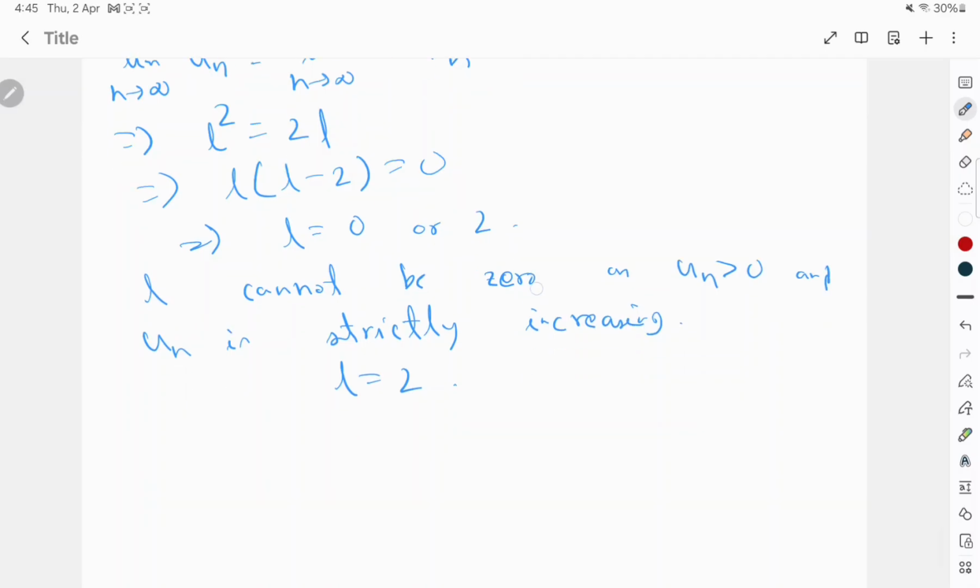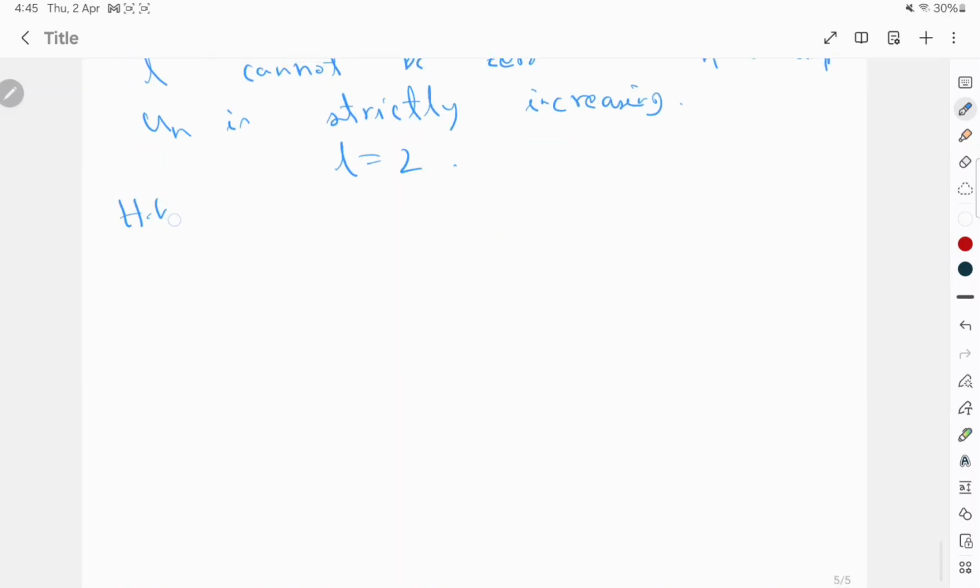Okay, so your homework 2 is: suppose u1 is equal to root 7, and un plus 1 is equal to the square root of 7 plus un.